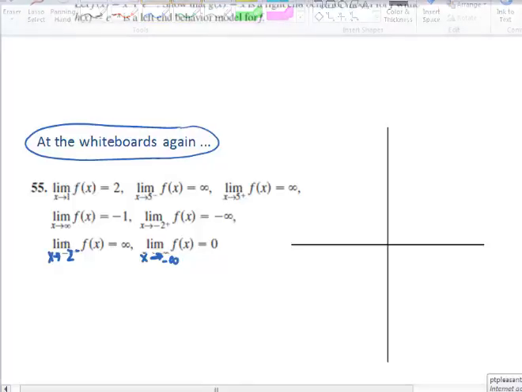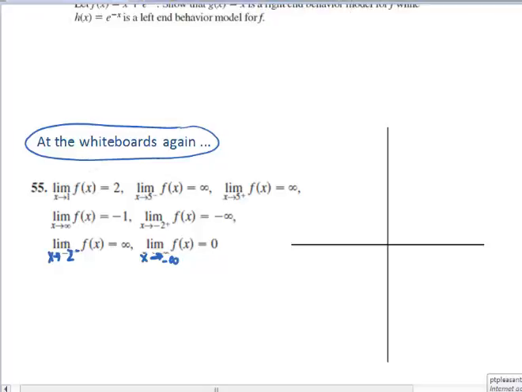I'm going to first consider my horizontal asymptote, because I always like to do that. So I'm looking for as x goes to infinity, that's one horizontal asymptote, and I have another one as x goes to negative infinity. So I'm going to draw both of those. As x goes to infinity, I have an asymptote at -1, so my function is going to head to -1.